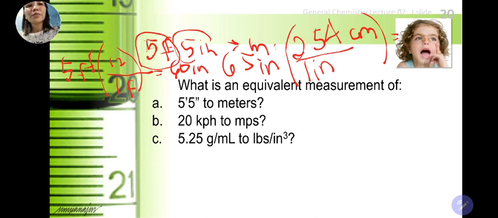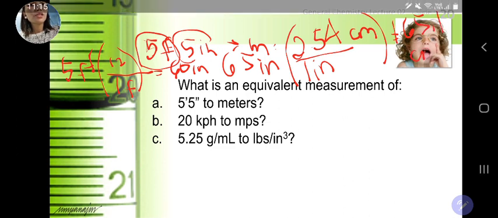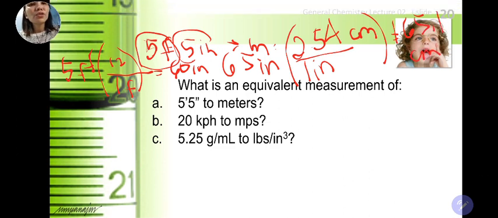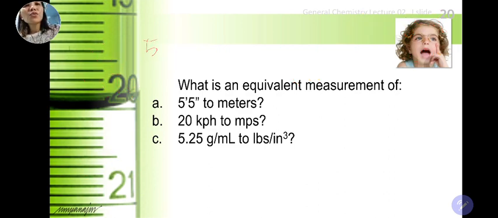So, that is 165.1 centimeters. Convert natin siya ngayon yung, ay mali, sorry. Convert natin yung 165.1 centimeters to meters.